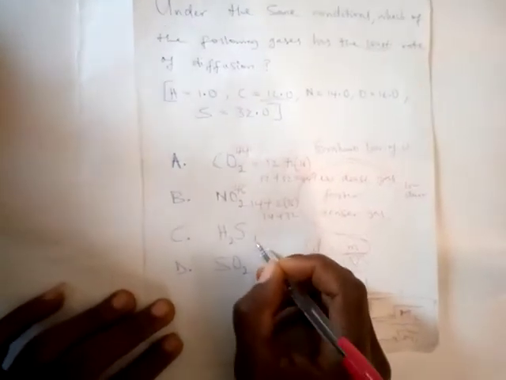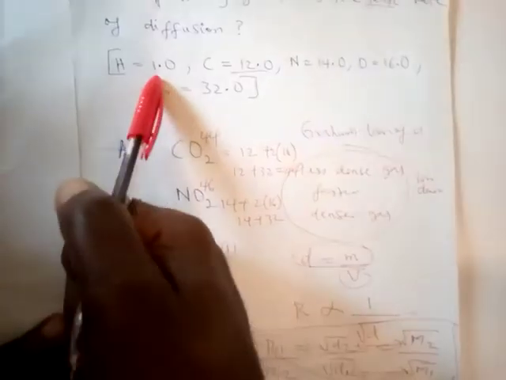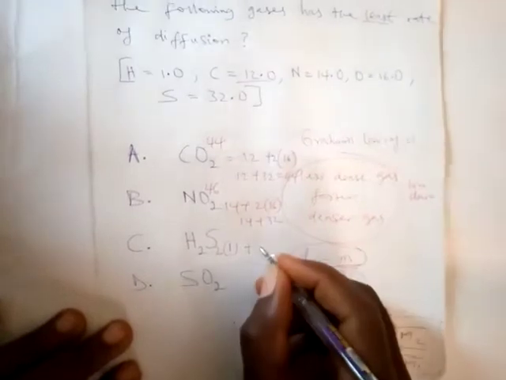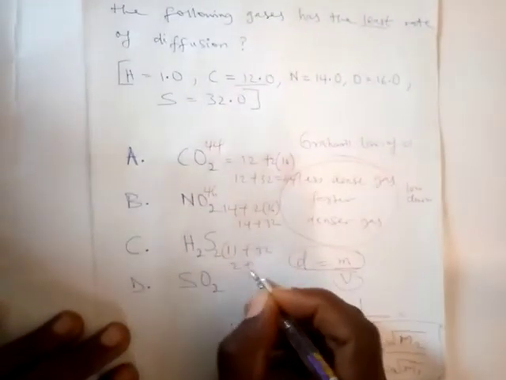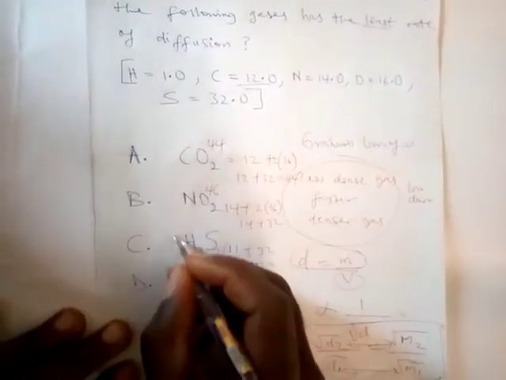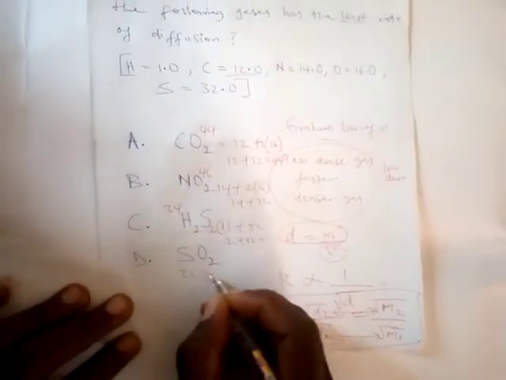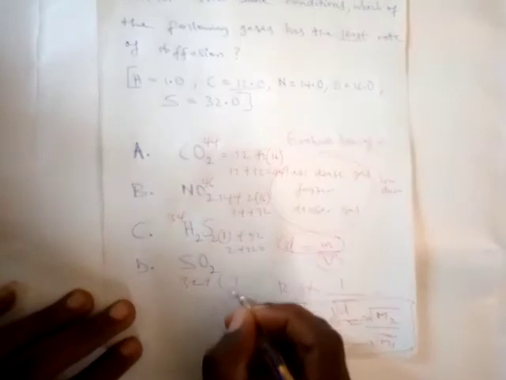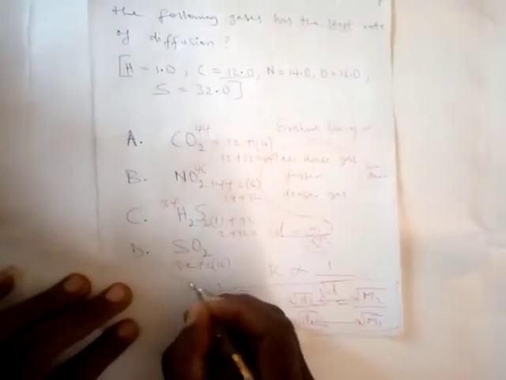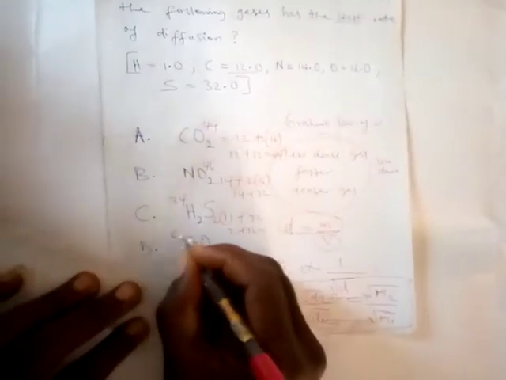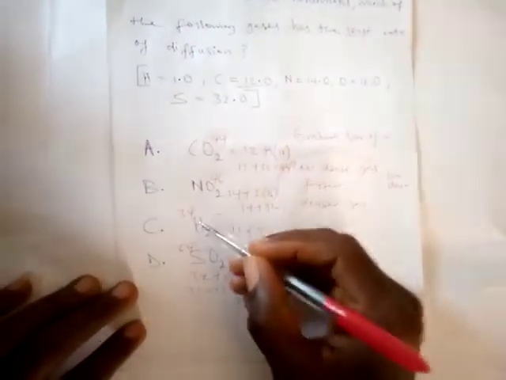Hydrogen is 1, but we have 2 of it, plus sulfur is 32. That's 2 plus 32, which is 34. Then we have the other one, sulfur is 32 plus oxygen is 16, 2 of it. That's 32 plus 32, which is 64. So when we look at it, we have 44, 46, 34, 64.